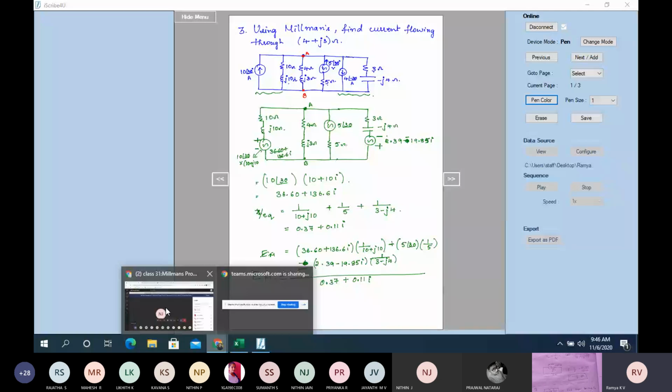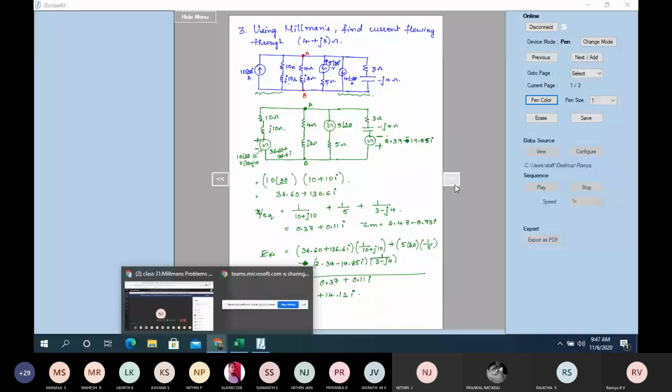Meantime, tell me, what EM value did you get? Try again. What is the EM value? Ma'am, 20.57 plus 14.12i. All of you got the same? Yes, ma'am. What is Z equivalent then? 2.48 minus 0.73i. Okay.